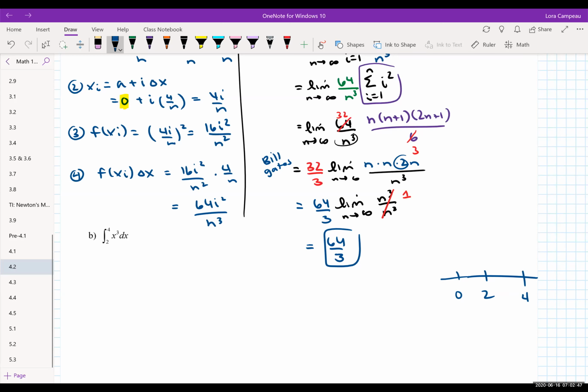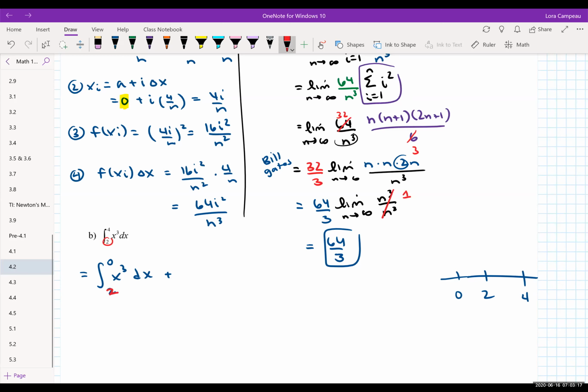So what we might want to do is always keep the lower limit lower at the beginning, and we'll go with this later. Instead of 2 to 4, I'm going to go from 2 to 0. So I'm looking at x cubed with respect to x. Now let me mark this.